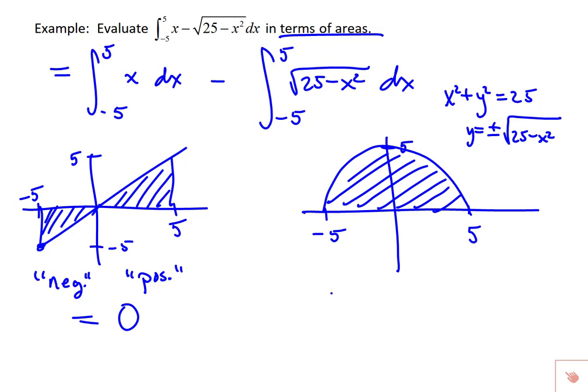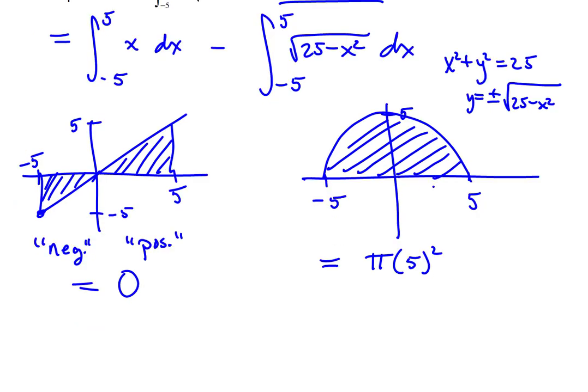Well, let's recall that the area of a circle is pi r squared, and of course r here is 5. But then since we really only want half of this circle, since it's the top half only, we would need to divide this by 2. So really we have 25 pi over 2 as the value of that area. Of course, it's all positive above the x-axis there.